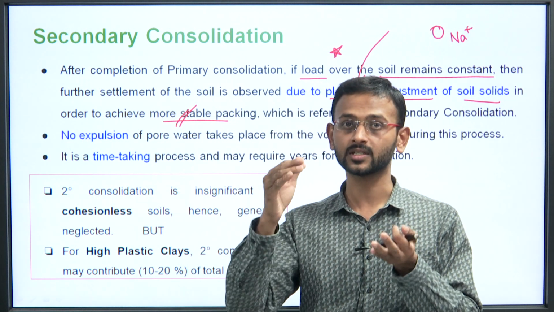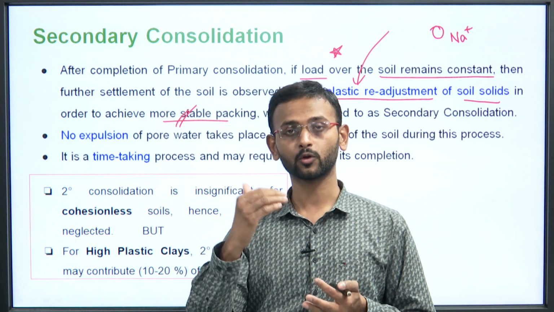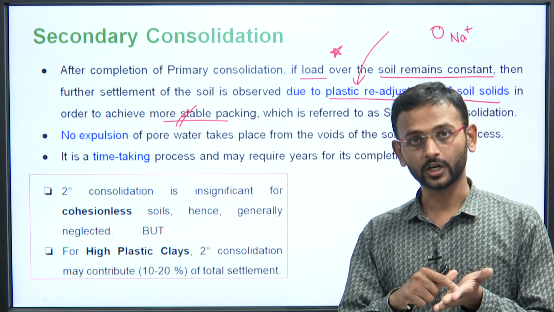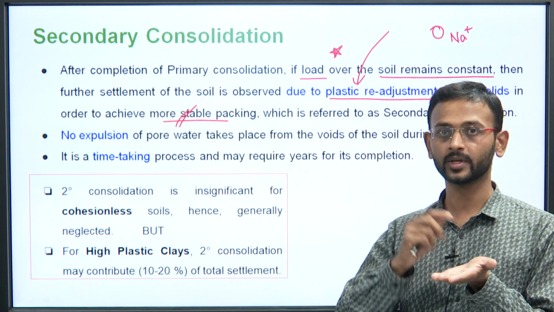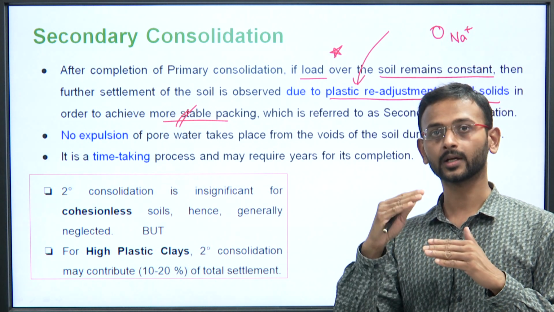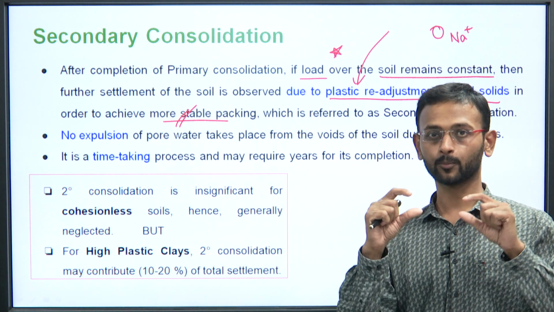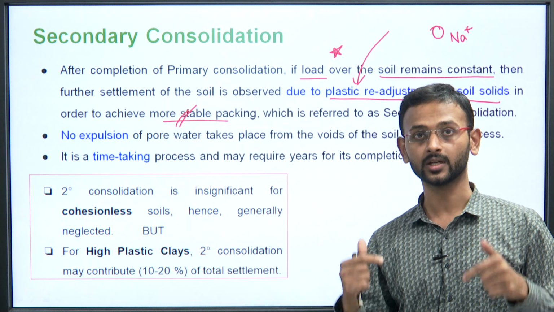But then when the structure was being constructed, what happened? There was some 1 degree consolidation, and after that there was more stability, because the volume got reduced. Volume got reduced means settlement was happening, and when the settlement was happening, the pore water was getting out, and the soil was trying to achieve a more stable state.